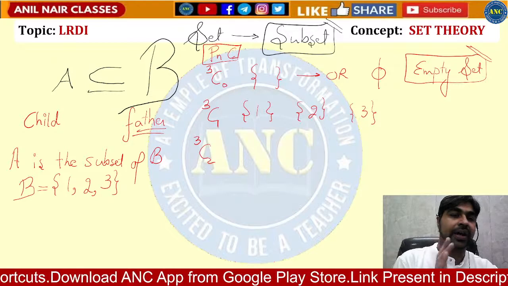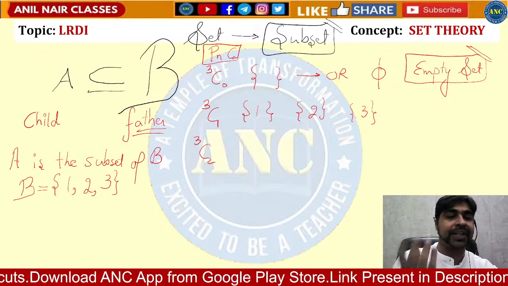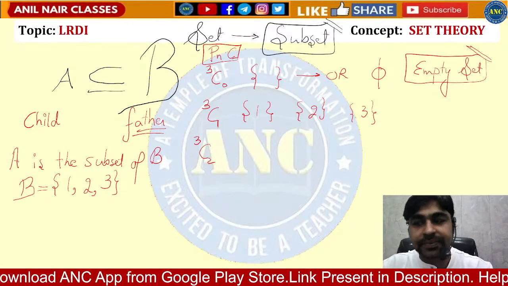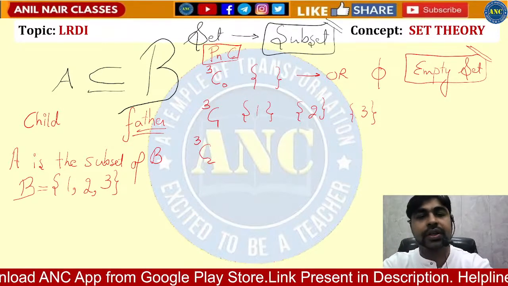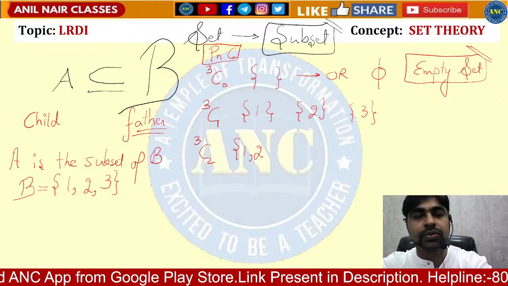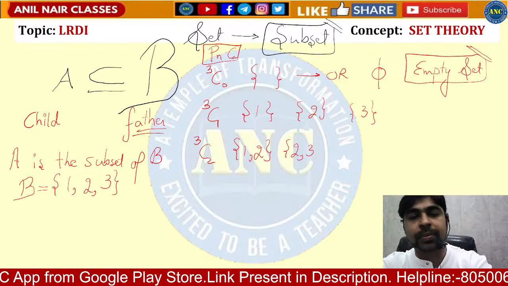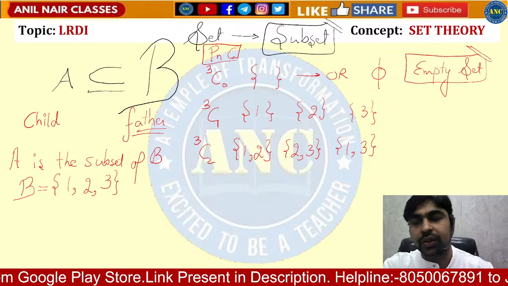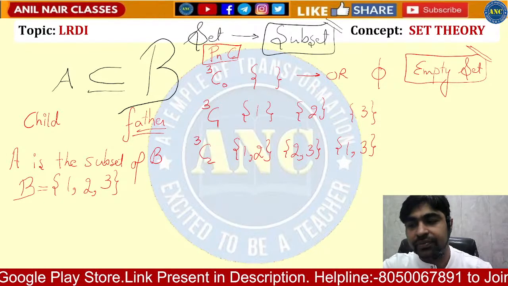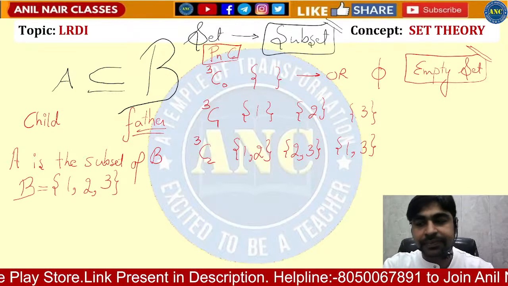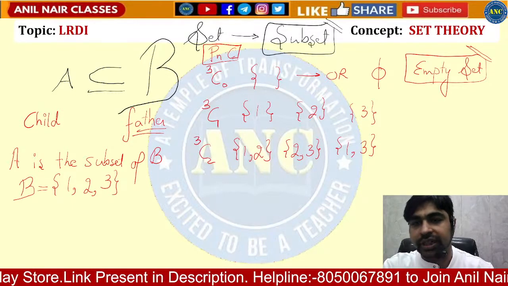If the father has 3 properties and the child chooses to take any 2 properties, that will be 1, 2, 2, 3 and 1, 3. So that will be the second part. Understanding your point?